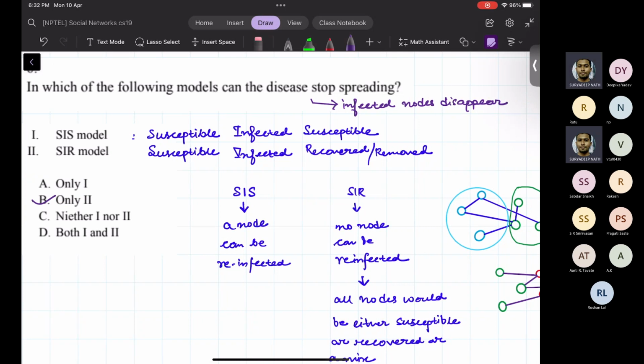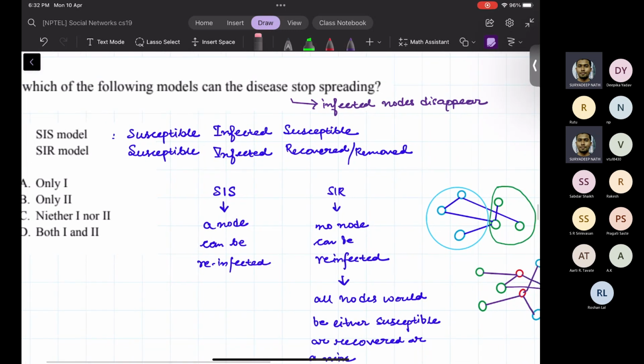In SIR, it is guaranteed to stop spreading. So let me write it clearly: guaranteed to stop spreading in SIR, and in SIS, no guarantee. So it can spread or it may not spread.